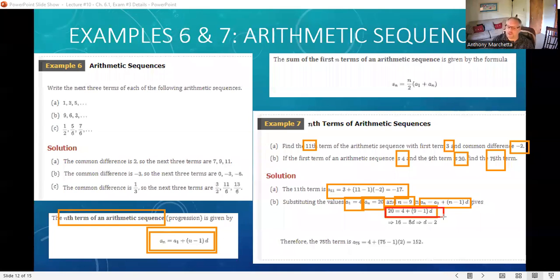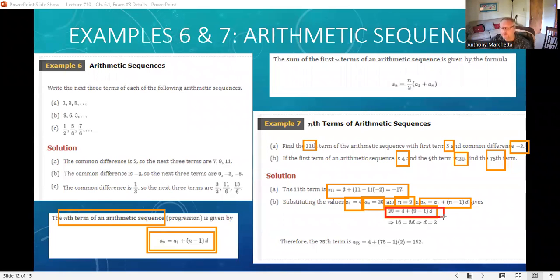Notice that we used the nth term of an arithmetic sequence formula and put everything into the position that belongs there except for d. By the way, as I mentioned, we're not using the number 75 yet because we're using all the other clues to find out what d is first. Then when we know what d is, and we have the first term also, we can go find the 75th term. So the 75th term, we can't figure that out until we get d first.